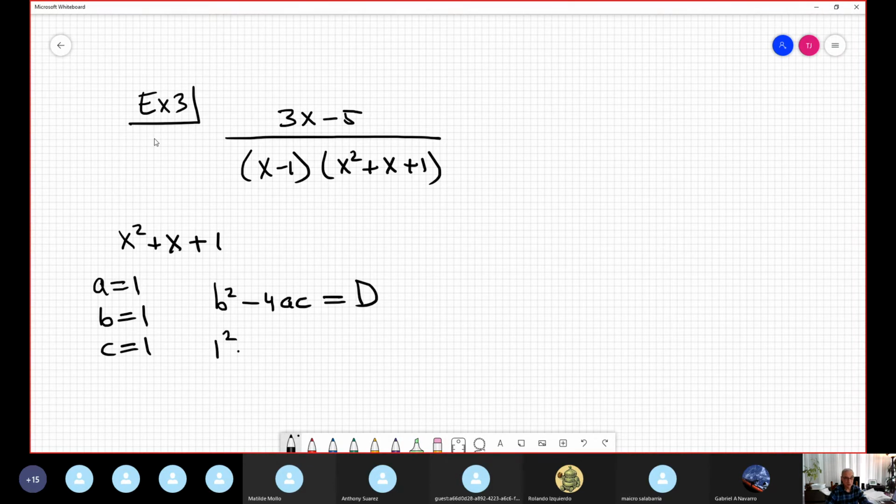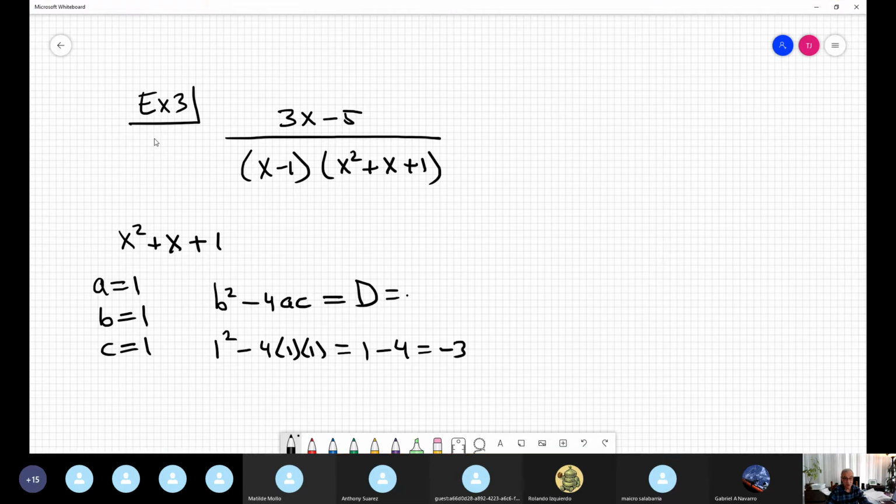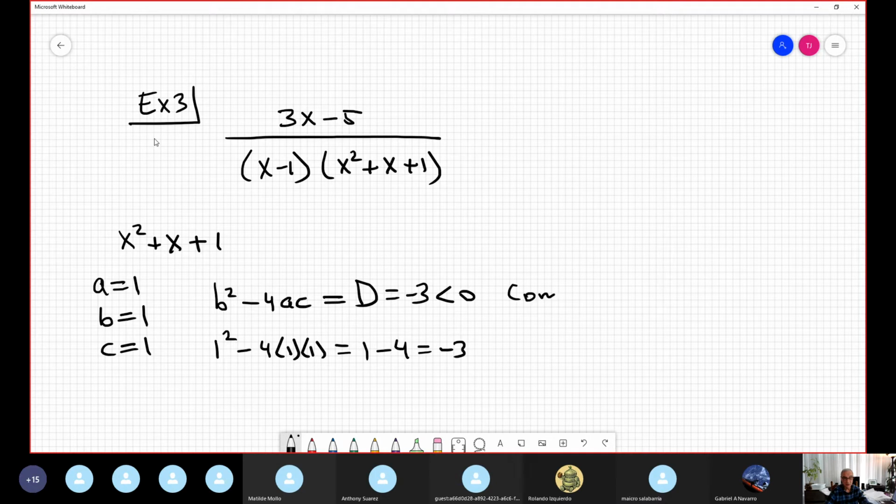So 1 squared minus 4 times 1 times 1. It's obvious that it's 1 minus 4, which is minus 3. If the discriminant is negative 3, which is less than 0, you detect it is complex. Discriminant positive, is real. Discriminant 0, is repeated. Discriminant negative, complex. Complex is irreducible in the real field. I suppose you remember this or no?